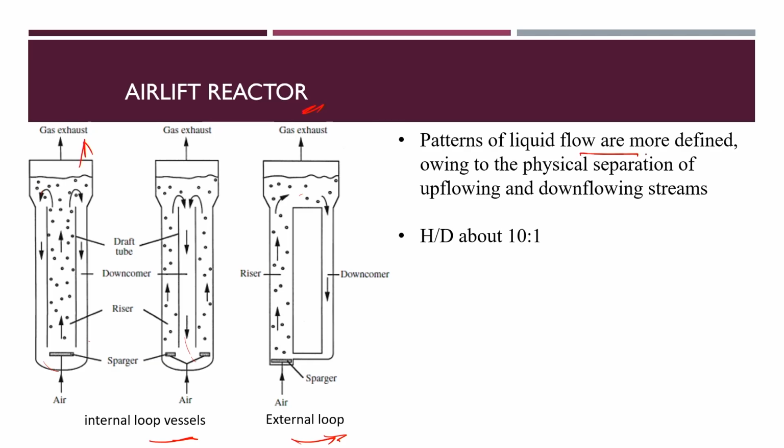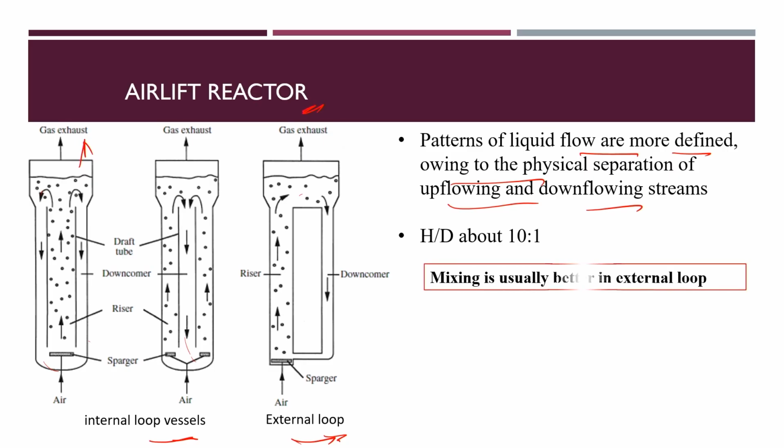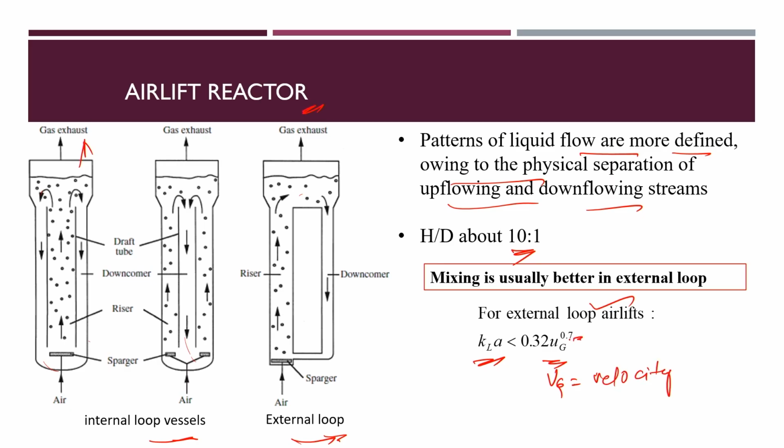So, here the patterns of liquid flow are more defined owing to physical separation of upflowing and downflowing streams. Typically, the S to D ratio is 10:1, and here mixing is better in the external loop as compared to the internal loop vessels. And then we should be able to calculate the KLA, the mass transfer coefficient. It depends on the superficial velocity to the power 0.7.